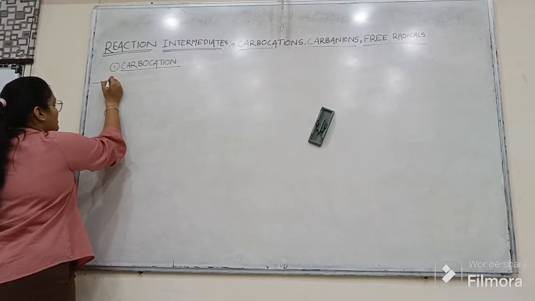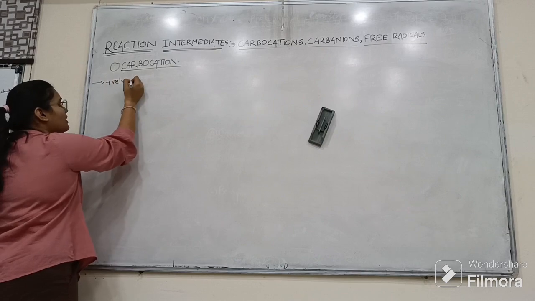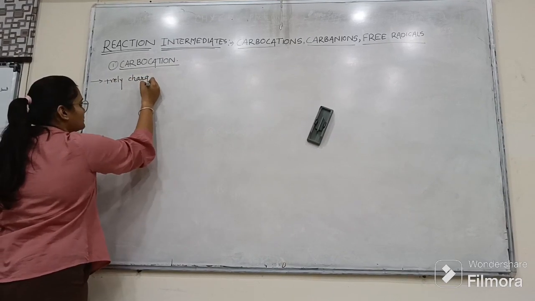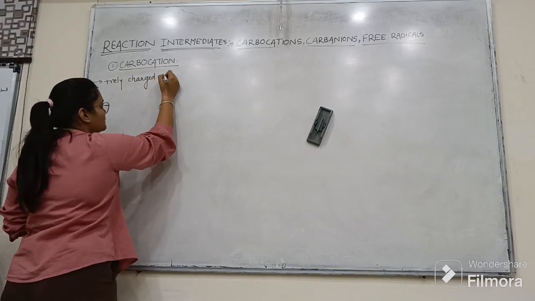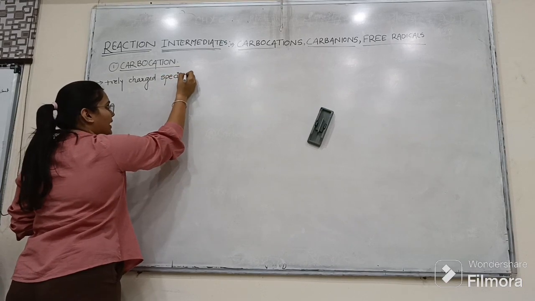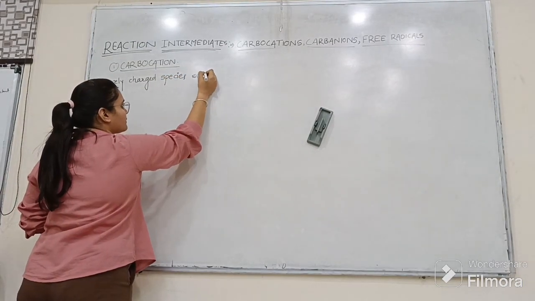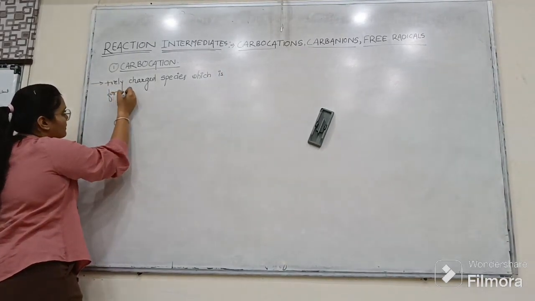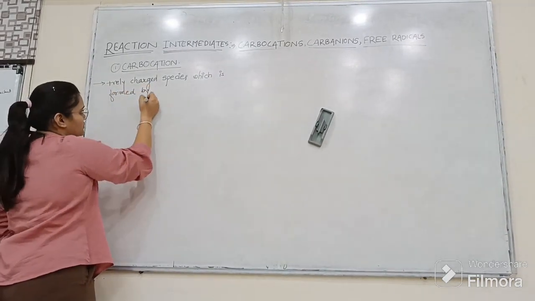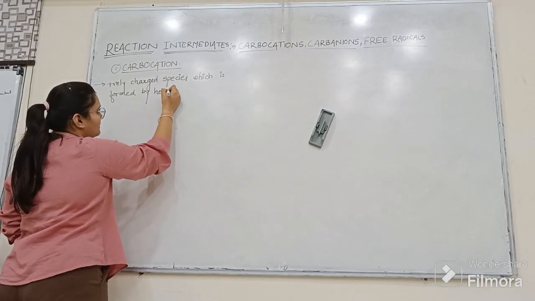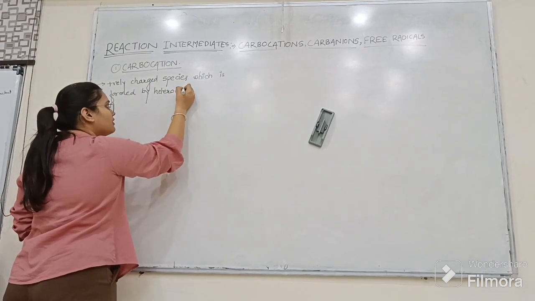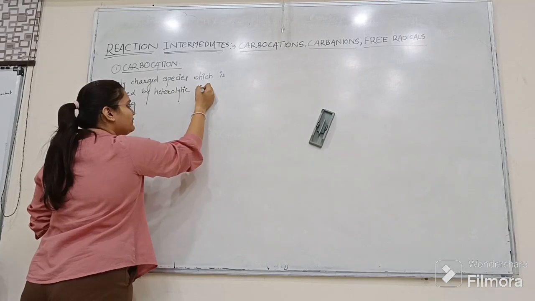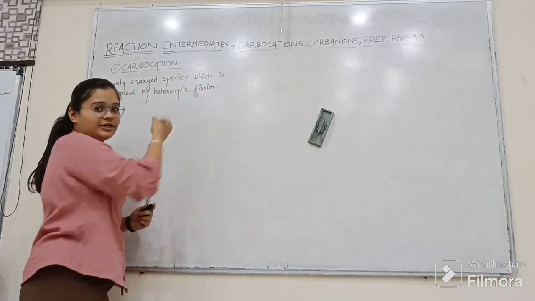Carbocation is a positively charged species which is formed by heterolytic fission.